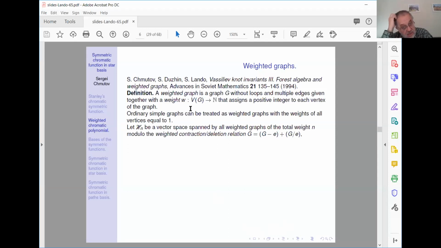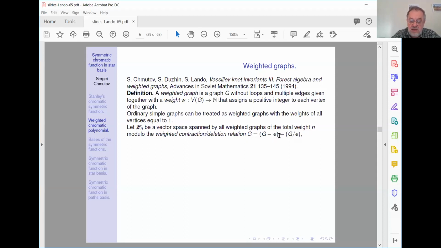Then we consider the vector space spanned by all weighted graphs of total weight n, when I sum up the weights over all vertices, and we make a quotient of this space by the weighted contraction-deletion relation. In the weighted contraction-deletion, we delete an edge, or we contract an edge, and we take a linear combination of such graphs.